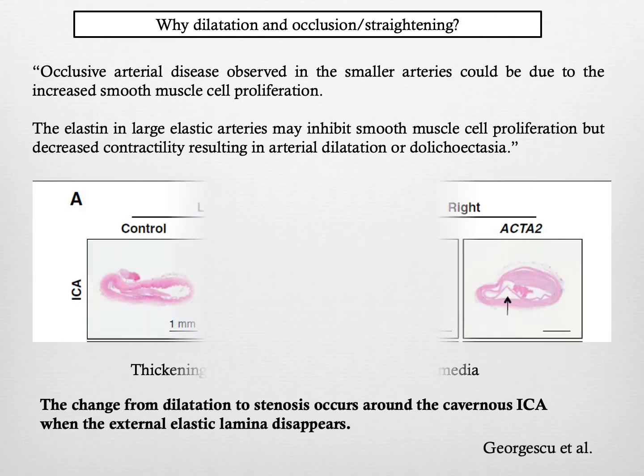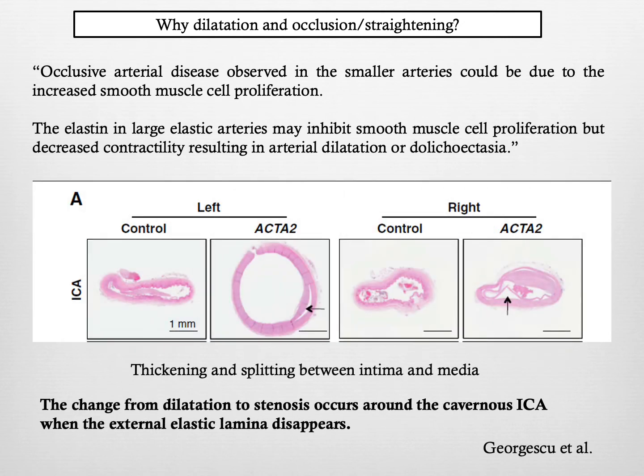And actually, you can see that the change from dilatation to stenosis occurs around the cavernous ICA when the external elastic lamina disappears histologically. And here you can see how thickened the arteries are in ACTA2 mutation in comparison to controls.